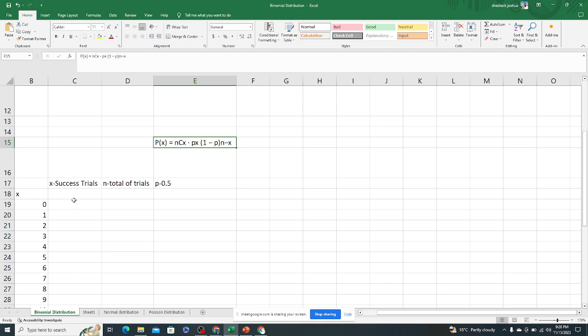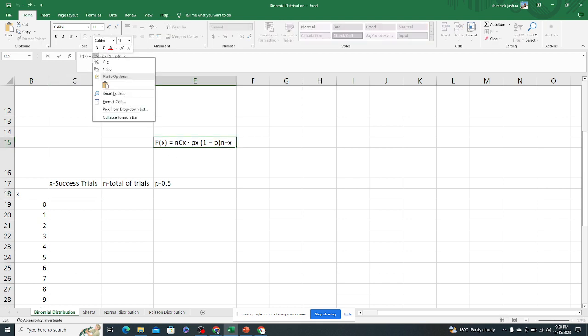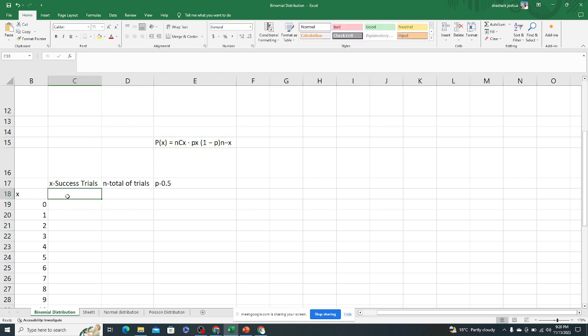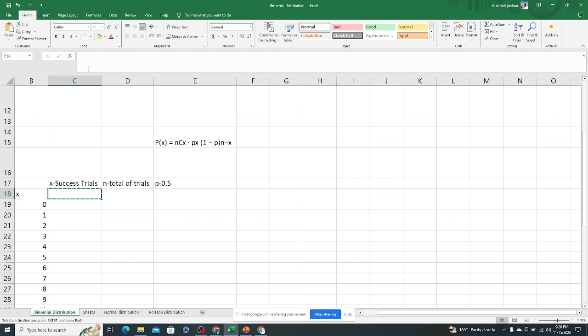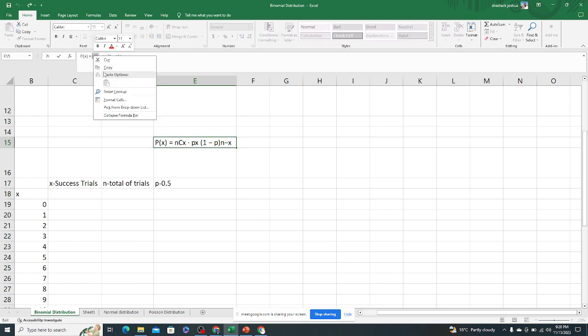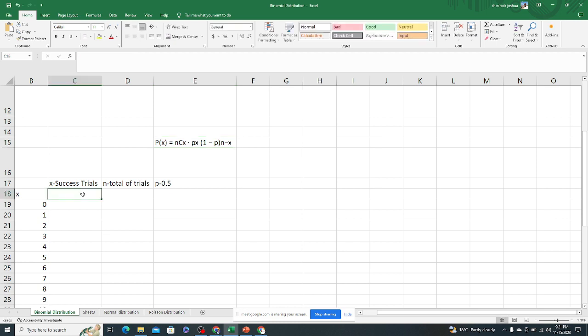In this case we'll need n combine x, and for this we are going to use an inbuilt Excel function.